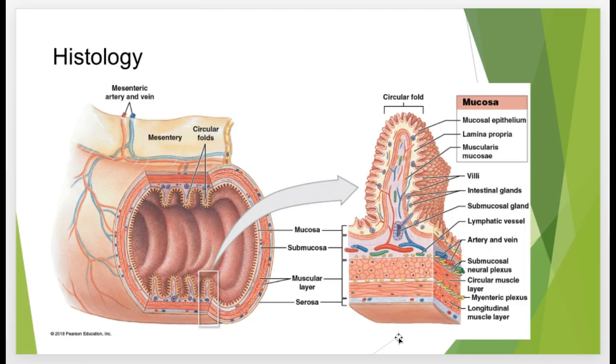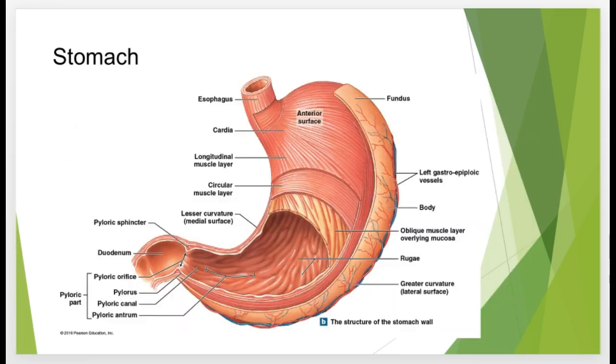So a good illustration of this would be in your stomach. I'm just going to jump to this real fast. The fundus, which is this top portion of your stomach, and you have the body, the cardia, and then you have your pyloric part over here.